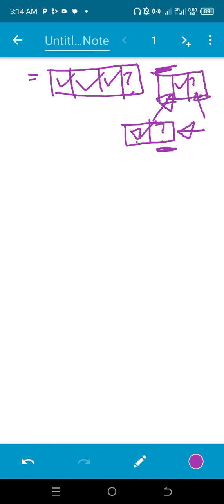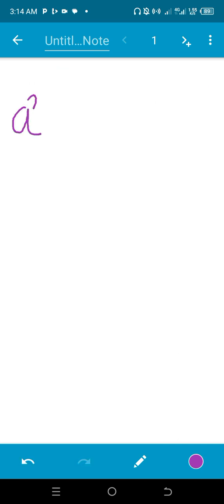So let's start. I don't want the video to be so long. We first start with a squared. We'll go Pythagoras on it: write a squared, then b squared, then c squared. According to Pythagoras' principle, one side squared will be the sum of the remaining sides squared. If we write a, what is missing?